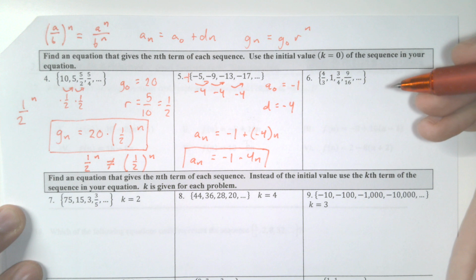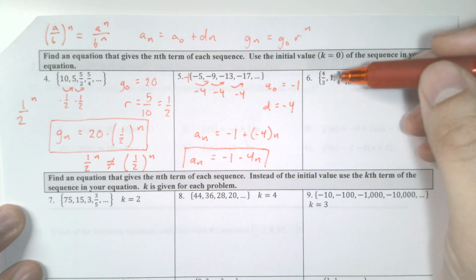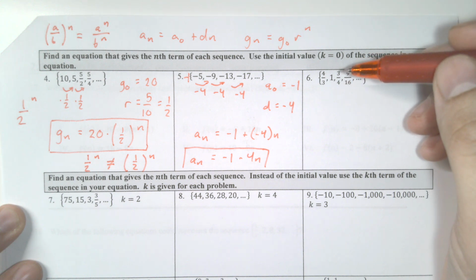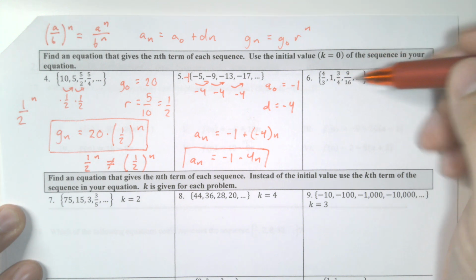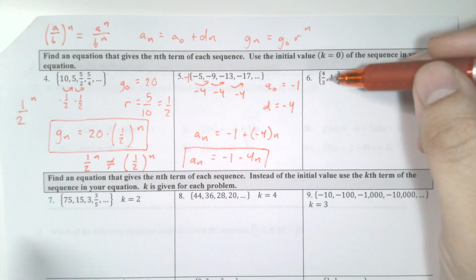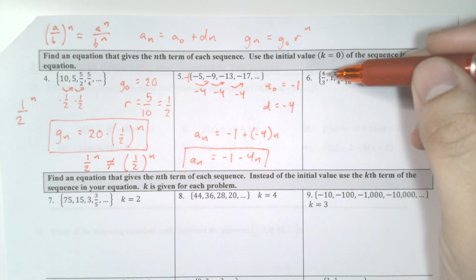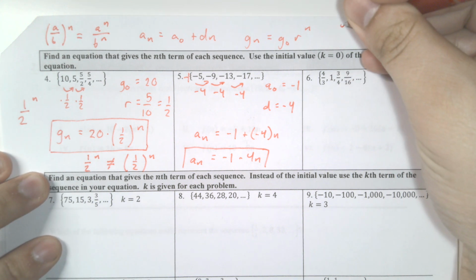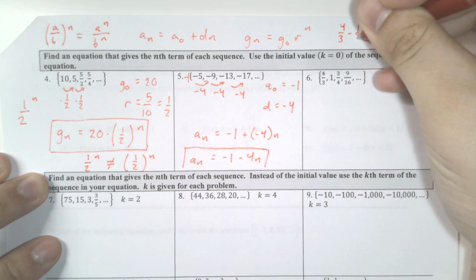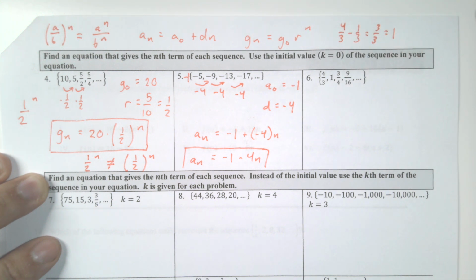Okay. Let's see about number 6. Do we have arithmetic or geometric? Well, if we have an arithmetic sequence, if we have 4/3 and we subtract 1/3, that would be 4/3 minus 1/3. I'll write that up here. 4/3 minus 1/3 should give us 3/3, which is equal to 1.